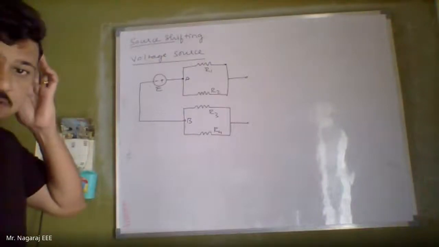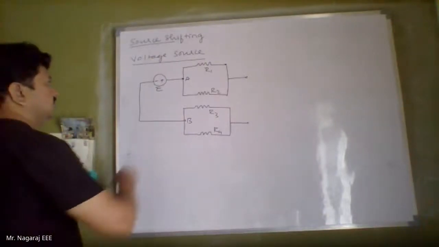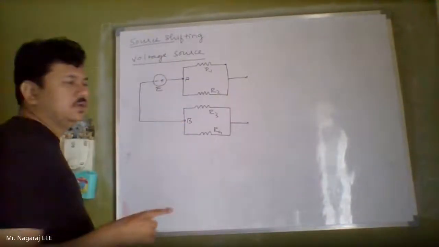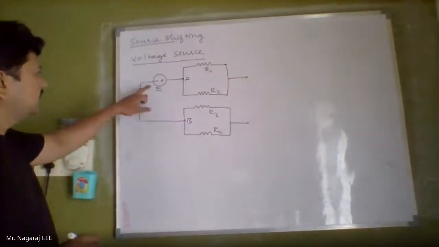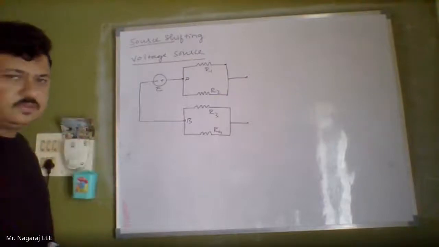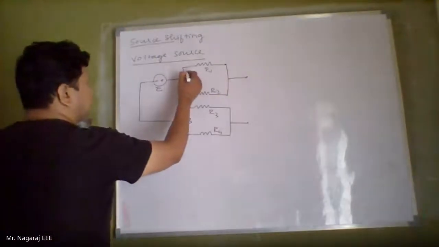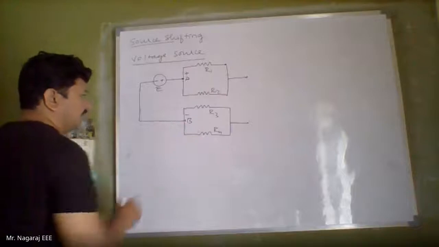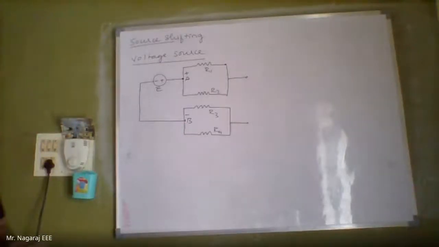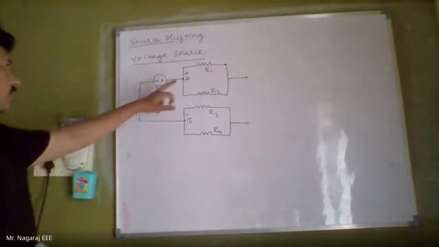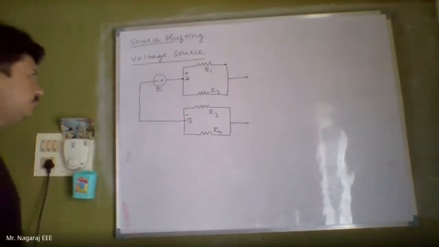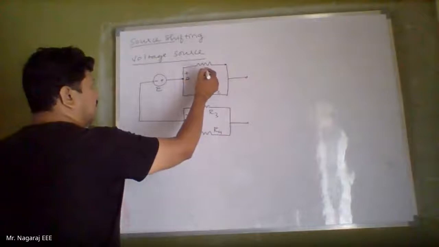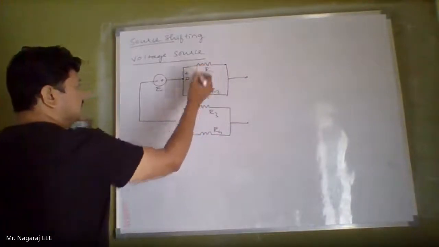Now observe the polarities of the components connected to node A. With this source connection of E volts, node A is at positive polarity, node B is at negative polarity. Second, let us observe the resistances R1 and R2.